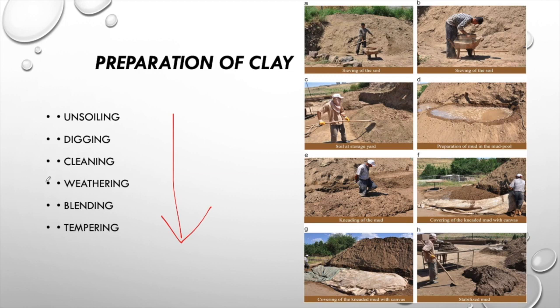In the weathering, we leave it for the environmental impact on it for some time, and then the blending is done. In the blending, some materials are mixed with this raw material, and then it goes to the tempering in which the kneading operation is performed. After the kneading operation, we get the proper clay which is ready for the mold.